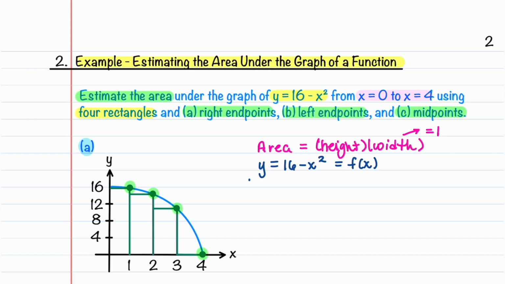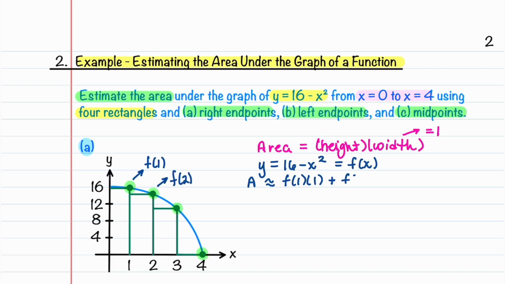Our area is approximately the area of our first rectangle, and this point is f of 1. So we have our height, f of 1, times our width, which is 1. And then our second rectangle has a height of f at 2.